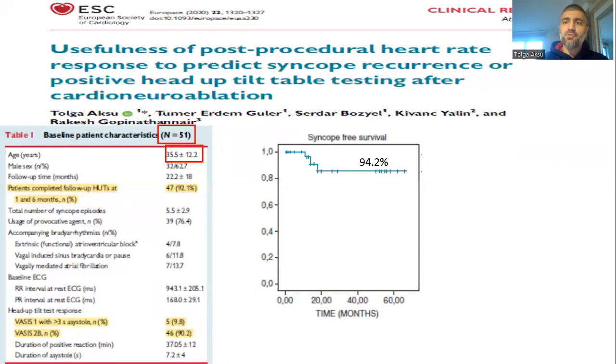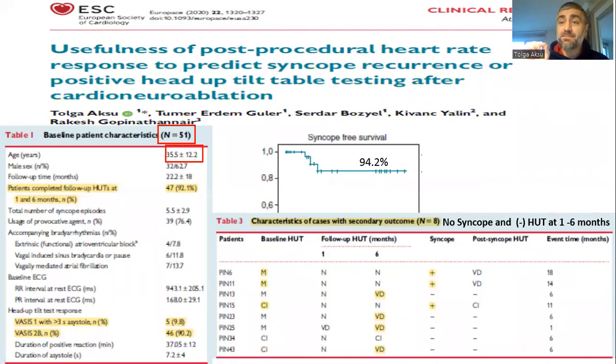And now you can see our results in patients with pure vasovagal syncope. We have 51 cases, a very young population, and we demonstrated almost 95% syncope-free survival at the end of the study.